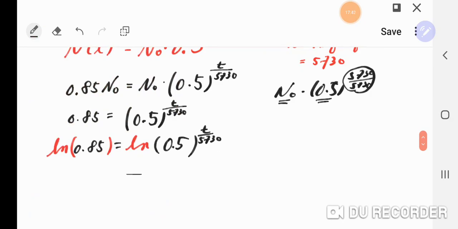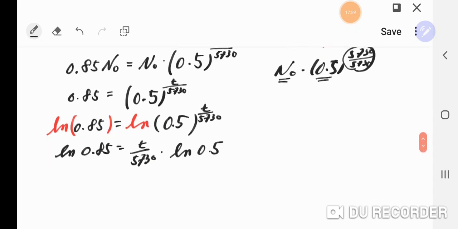Then the exponent on the right-hand side moves to the front, multiplied by natural logarithm of 0.5.